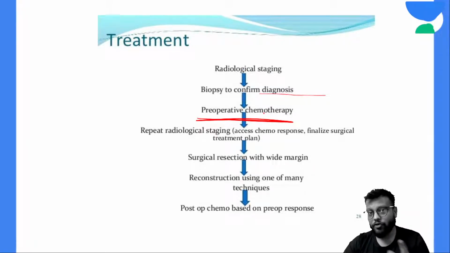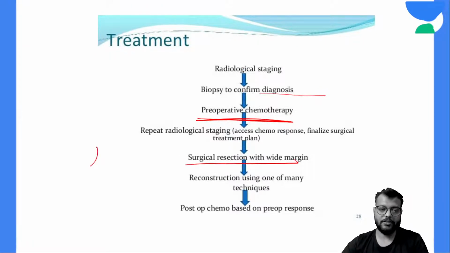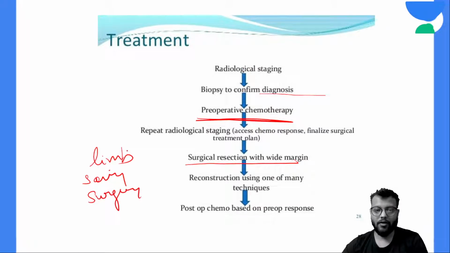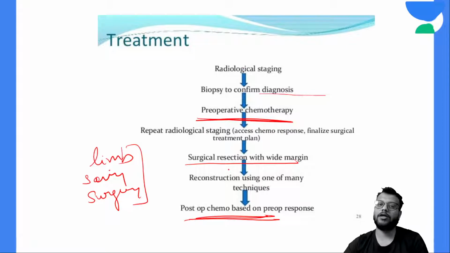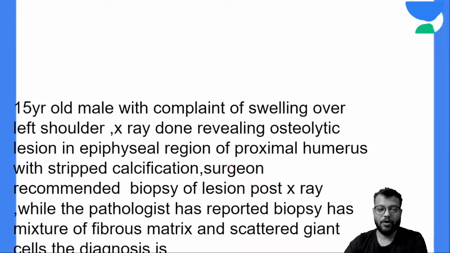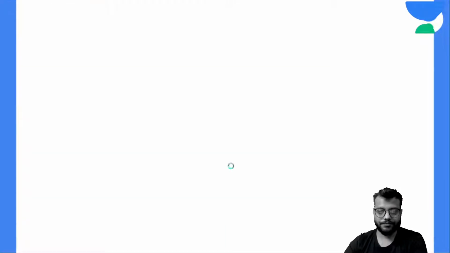But before doing the amputation, because generally the patients are young, if it is diagnosed early, then you can go for limb saving surgery, where you can do surgical resection with a large margin and reconstruction obviously, supported by pre-op chemotherapy. And remember, Ewing sarcoma is a highly radiosensitive tumor, so there the treatment of choice will be radiotherapy. Okay.